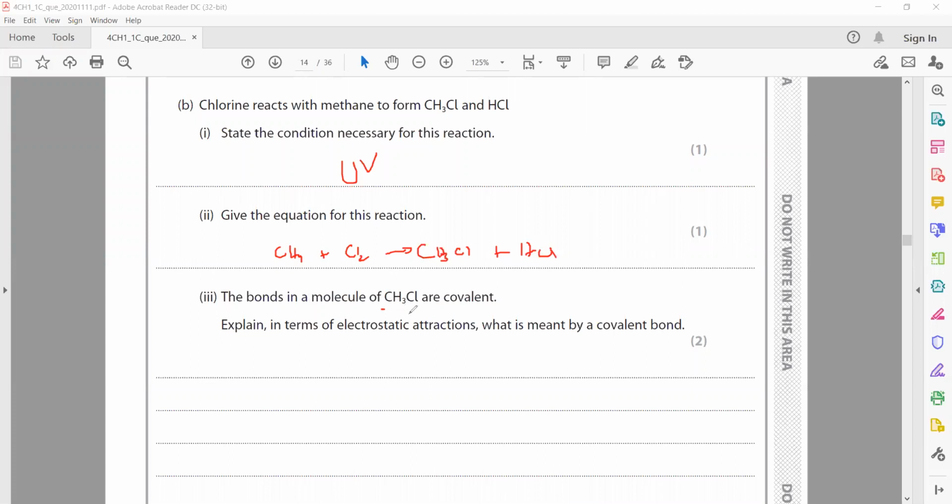The bonds in molecule of CH3Cl are covalent. Explain in terms of electrostatic attraction what is meant by covalent bond. The bond which is formed by sharing of electrons, but we have to mention electrostatic attraction.